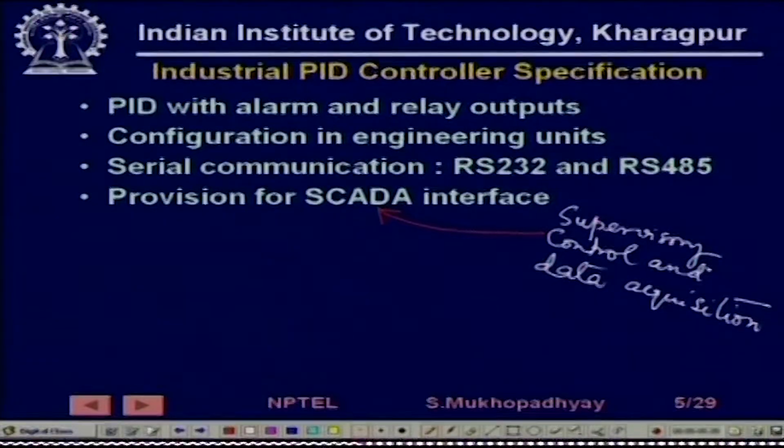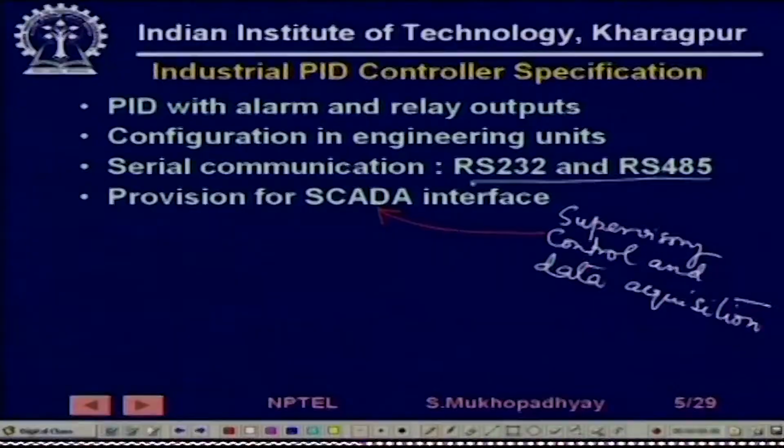It means that the controller can be in the field close to a machine or in a separate place, while the controller can be monitored from a different place, maybe a central control room. If you want to do that, then you need to have a supervisory control and data acquisition interface by which, sitting in the control room, you can monitor the controller and see the performance of the control loop.